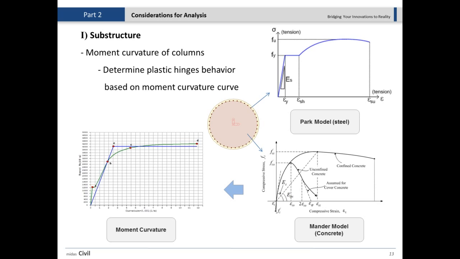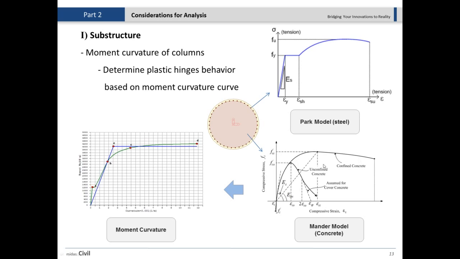For finding the moment curvature of a certain section, we need to define nonlinear materials first. So how do we define those nonlinear materials? In this reinforced concrete column, my concrete actually has two parts. You see the pink part right here, which is the confined concrete. This is confined because we have the confinement spiral or ties around it. So it's a concrete inside that shows us better behavior, or better response.